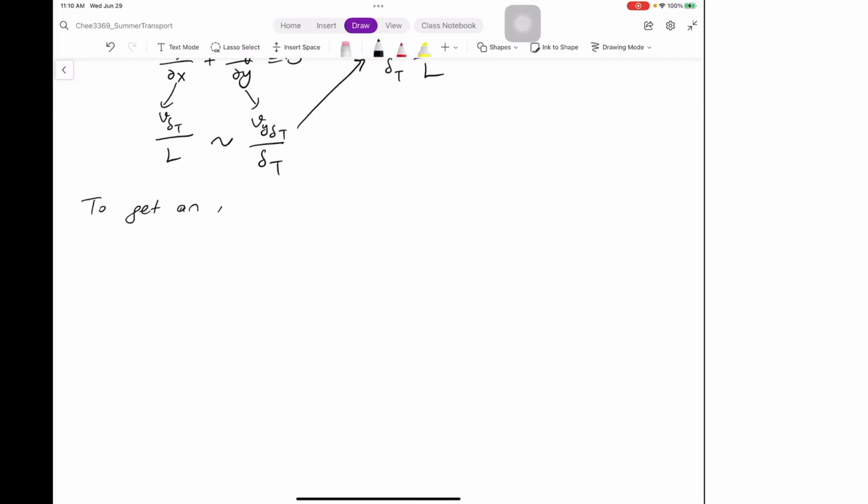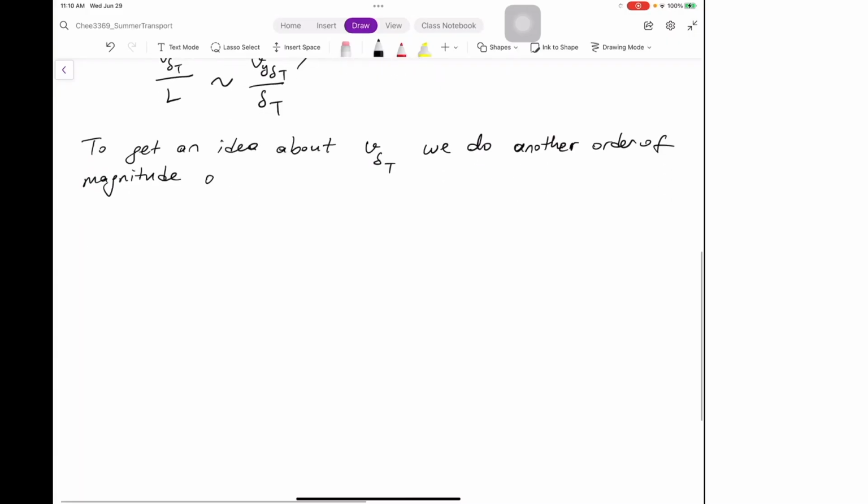To get an idea about V delta t, we do another order of magnitude assumption.